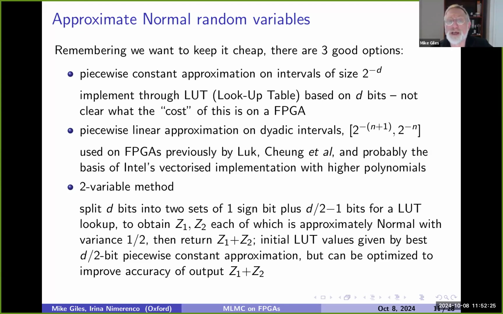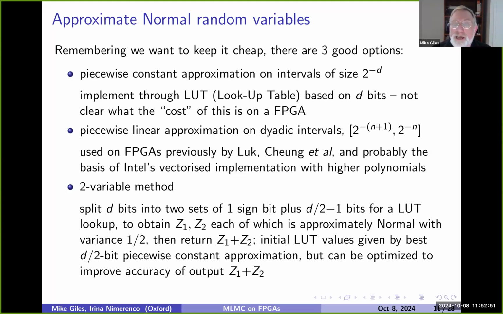So one option is to just have a simple lookup table. If we have D bits, that corresponds to taking our interval from 0 to 1 and breaking it up into intervals, all of size 2 to the minus D. And then we can use those D bits just to do a straight lookup in a table.